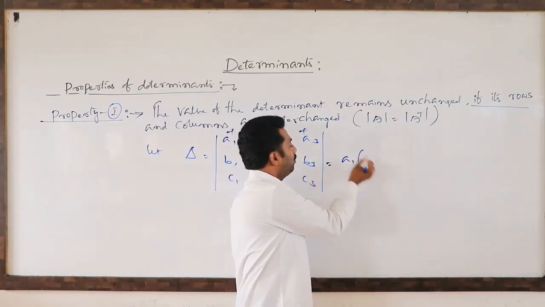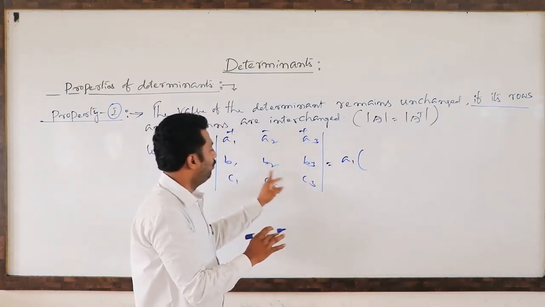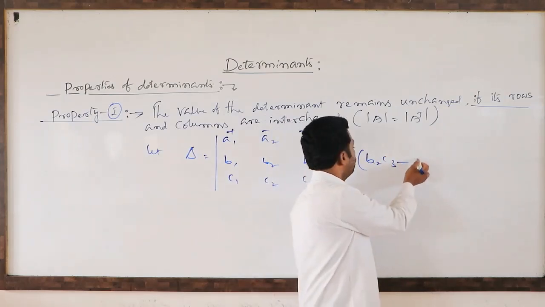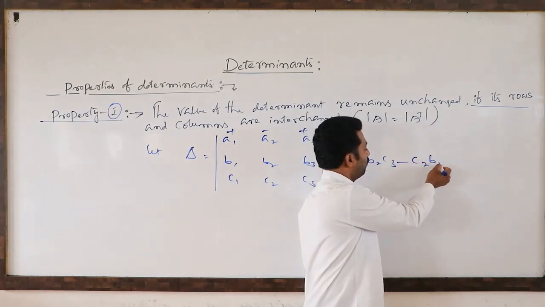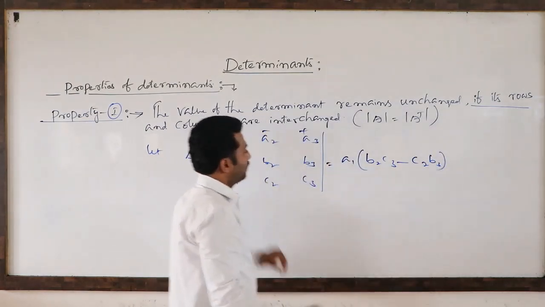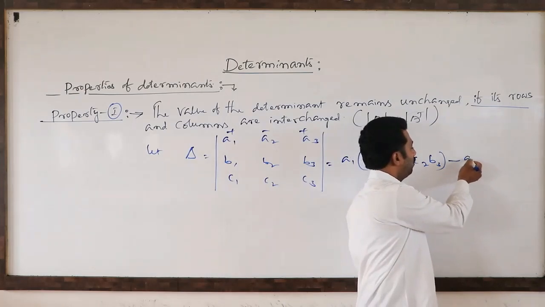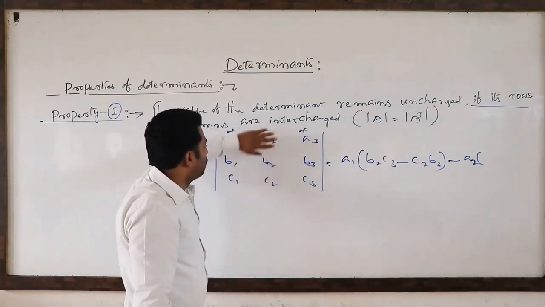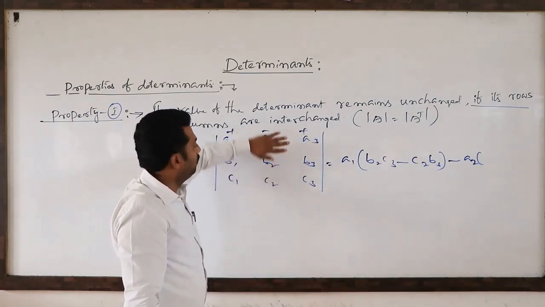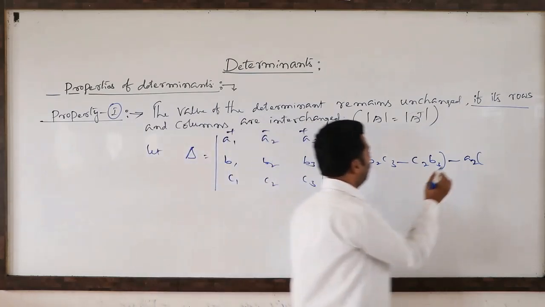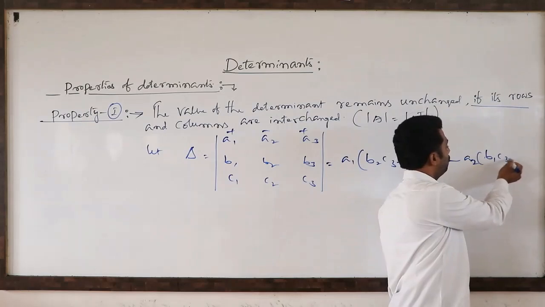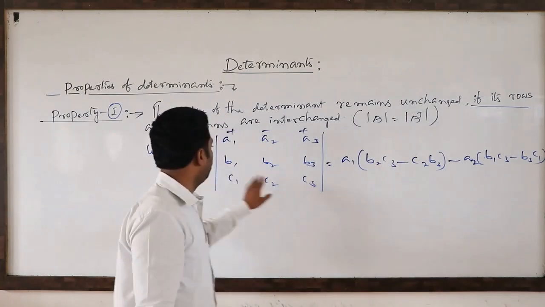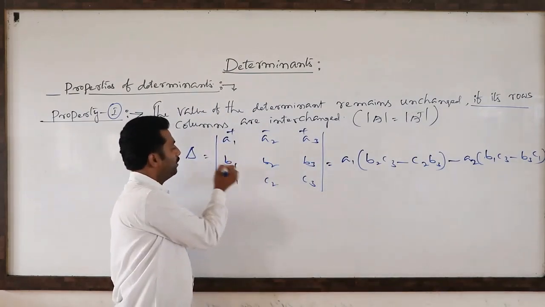So A1 into, you close this column and this row, B2 C3 minus C2 B3, minus A2 into, closing the corresponding column and row, B1 C3 minus B3 C1.